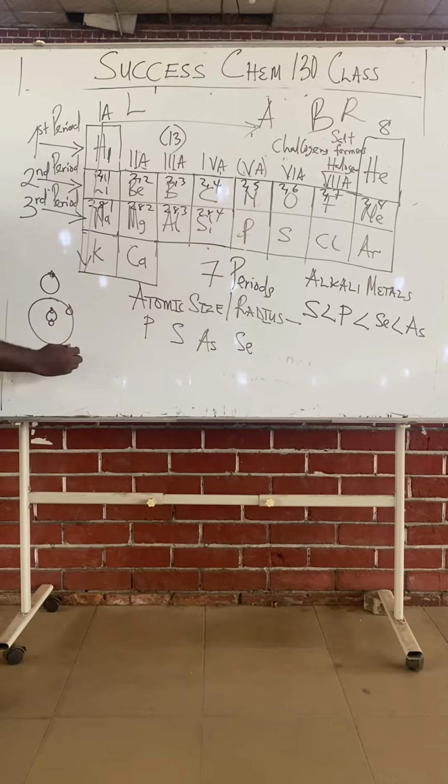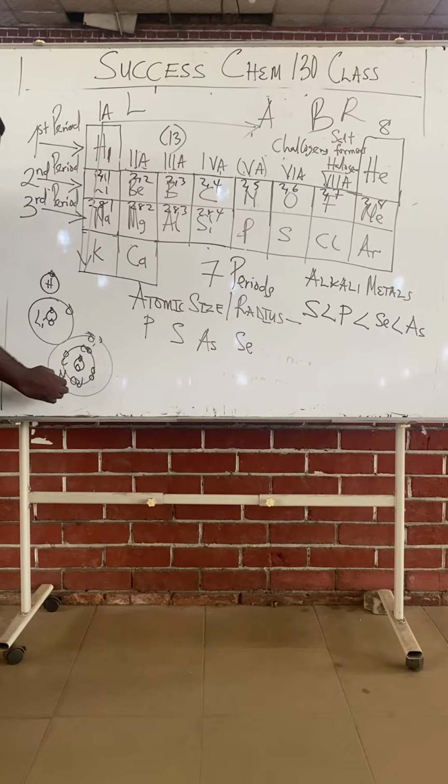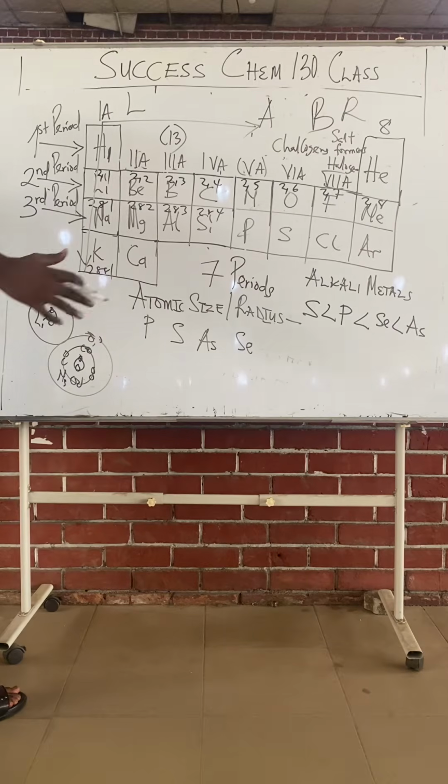Sodium is 2, 8, 1. Bigger. Are you seeing how the atomic size increases from hydrogen to lithium to sodium? So as you are going down the group, the atomic size is what? This one is 2, 8, 8, 1. It will be bigger.